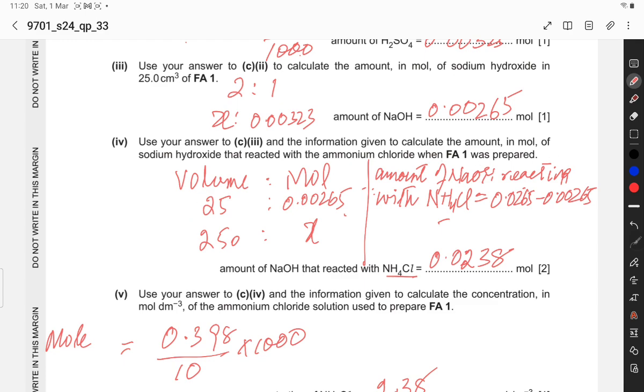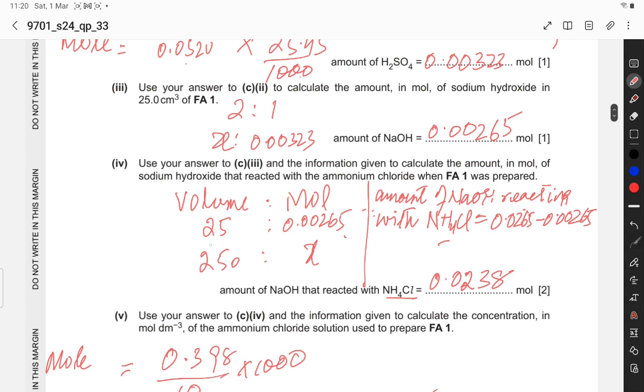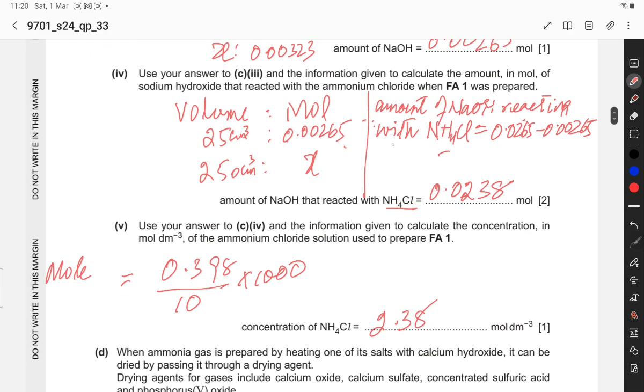We know that we have mole in 25 centimeter cube is 0.00265, so what would be the mole in 250 centimeter cube volume. So amount of sodium hydroxide reacting with ammonium chloride is equal to 0.0265 minus 0.00265.